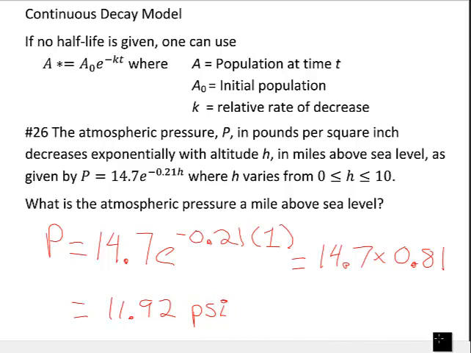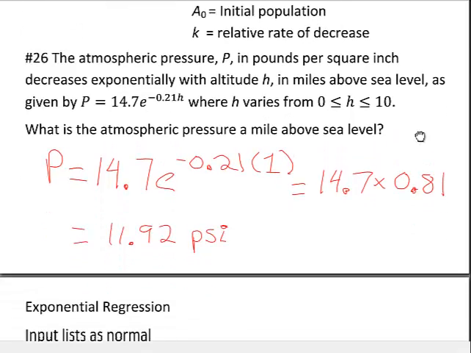Okay? So again, it's just a matter of taking the equation, plugging things in where appropriate. On quizzes and tests, I'll give you equations like this, so don't fret and worry that you might have to memorize things like that. Like I said, they'll be given to you when appropriate.